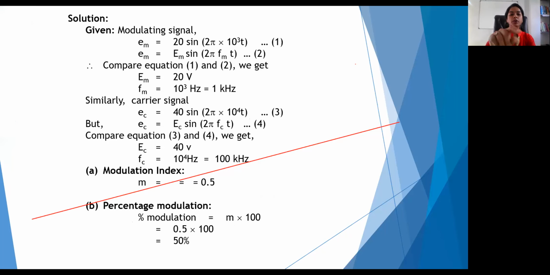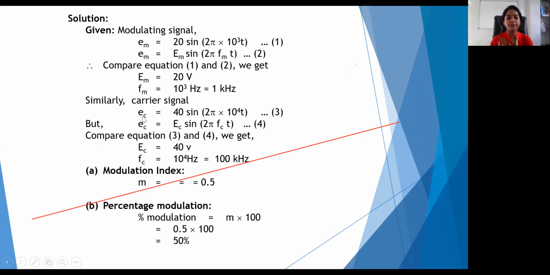Here we have the modulating signal, 20 sine 2 pi 10 raised to power 3 t. Write it in terms of Em sine of 2 pi fm t. Here we got Em value as 20 and fm value as 10 raised to power 3.